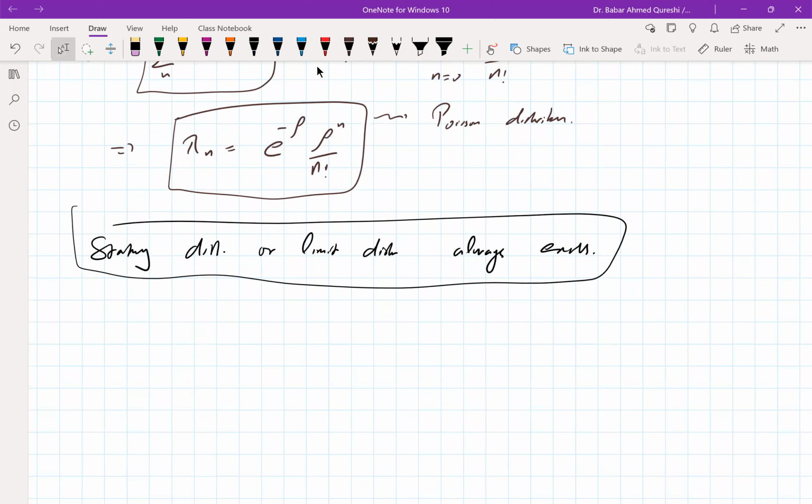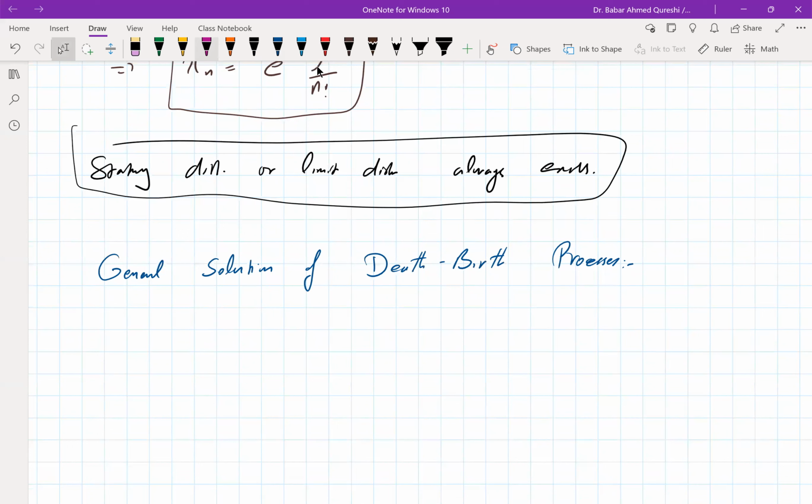Now, one can probably look at the general solution of death birth processes. So in the general case, what would happen?